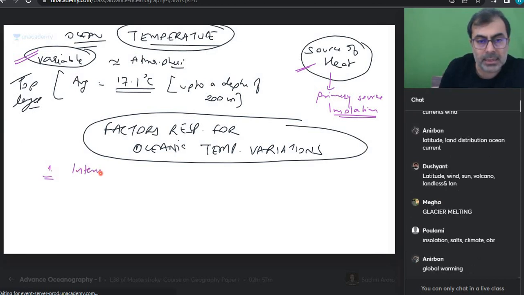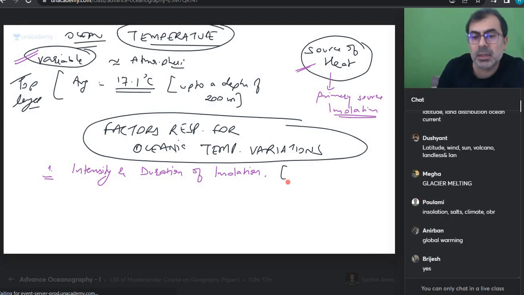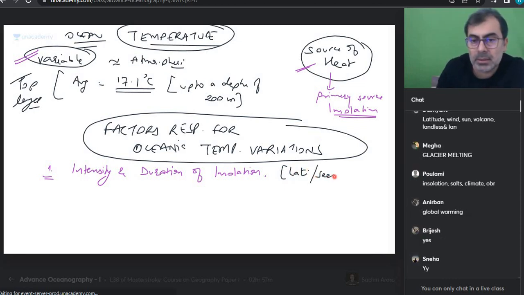Number one is intensity and duration of insolation. Is this okay? Intensity and duration of insolation. So this depends on latitude. This is also on latitude. Season, can I say that? True, it will depend. So it will change.